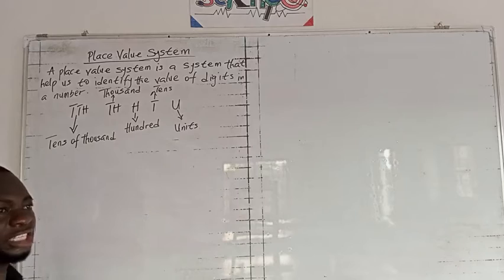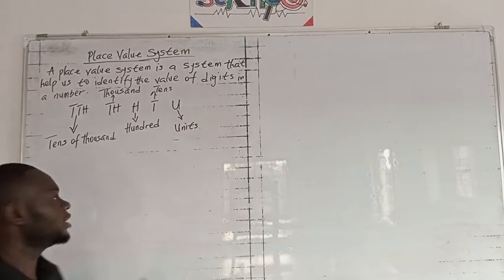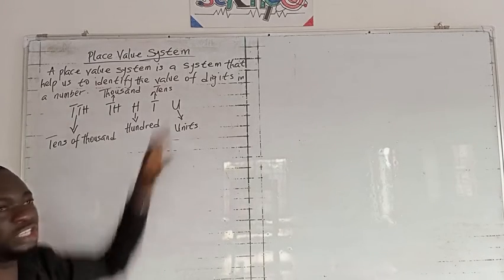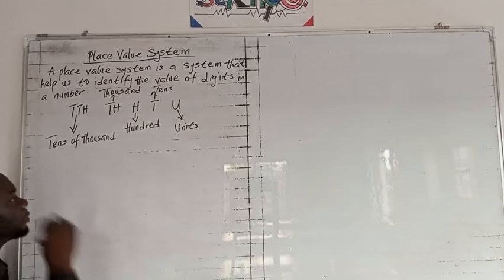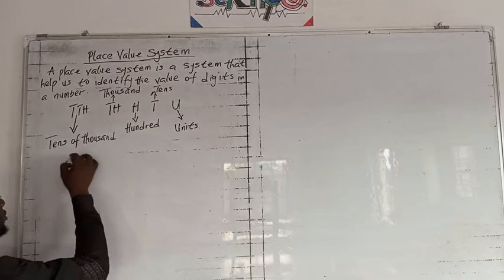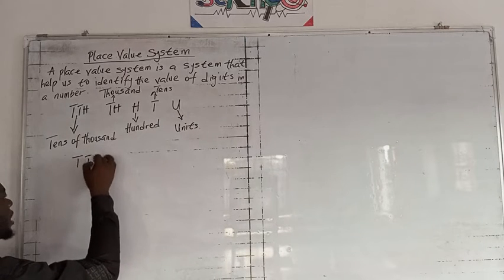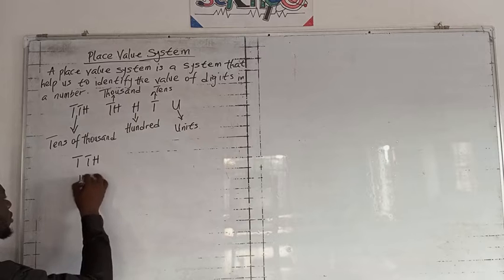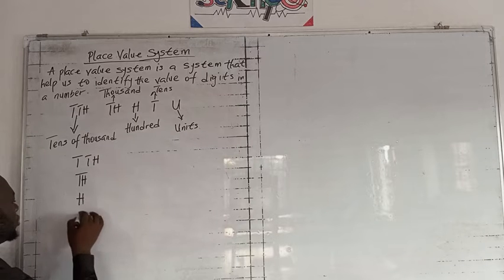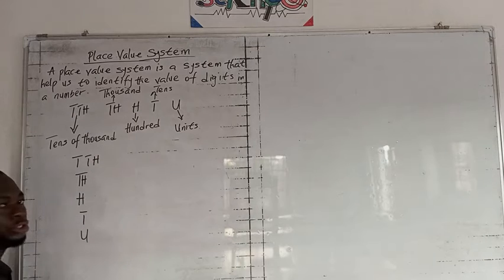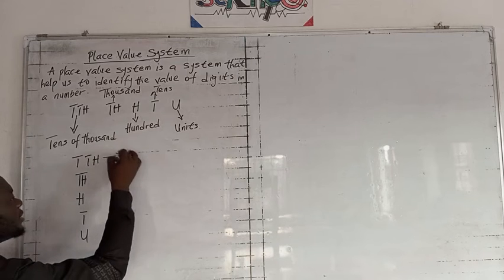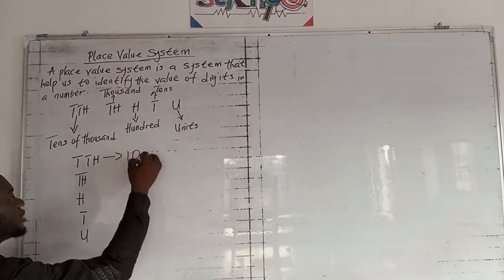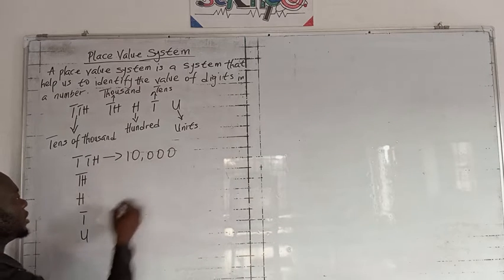Now, let's look at the smallest digit that can be in each of these place values. Remember, this is tens of thousand, thousand, hundred, tens, and unit. The smallest digit that can be here is 10,000.